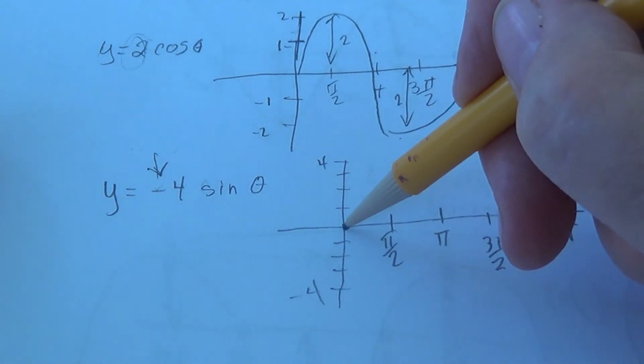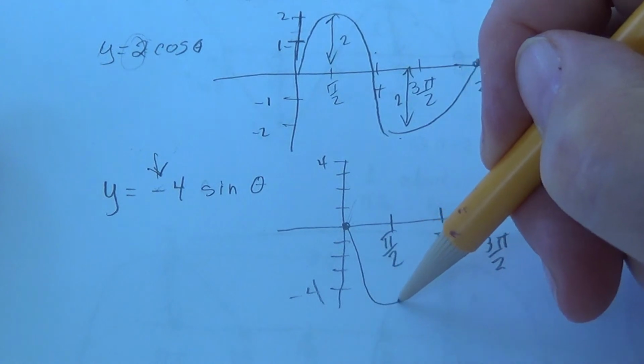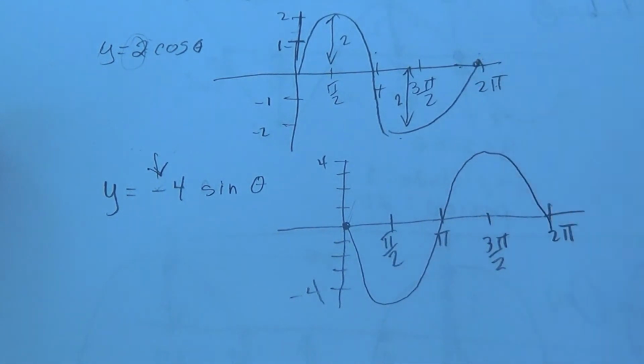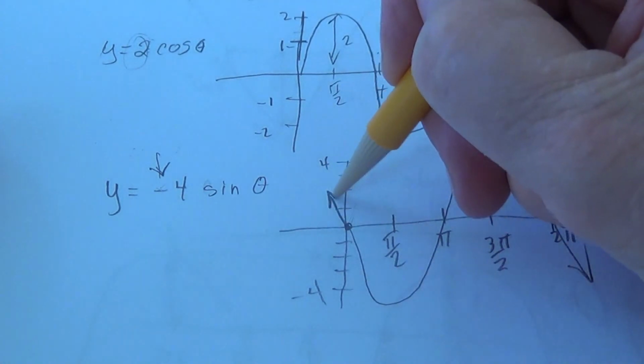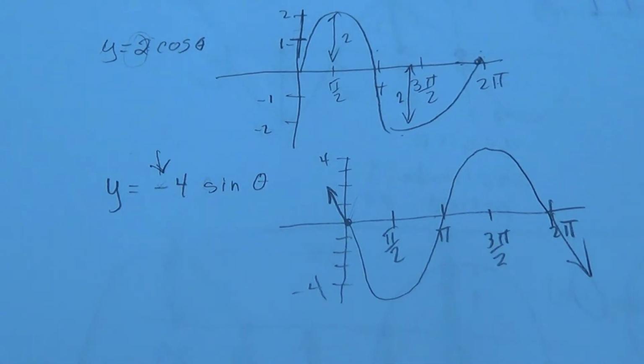So it usually started at 0, 0 and goes up. It's going to go down and go like that and like that. And then it will continue and so forth. I don't mean to indicate that it'll stop at that point.